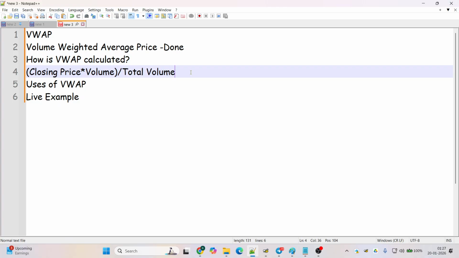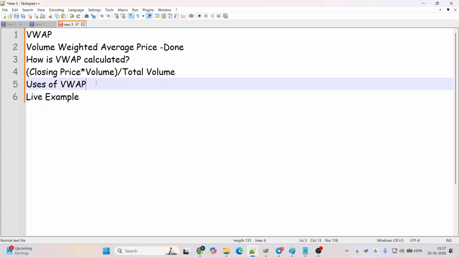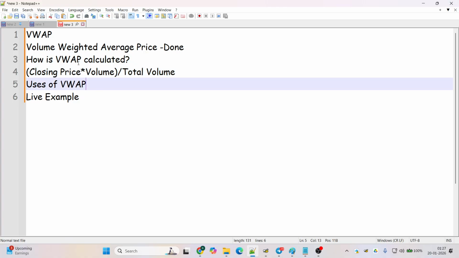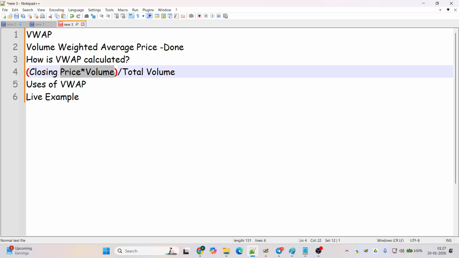In EMA or SMA, it just included the closing price and averaged it, whether it's a simple moving average or an EMA, where weight was added to the closing price based on the number of candles. But here, it considers the volume that is actively traded. So this is a more reliable indicator. Basically, it is price into volume.